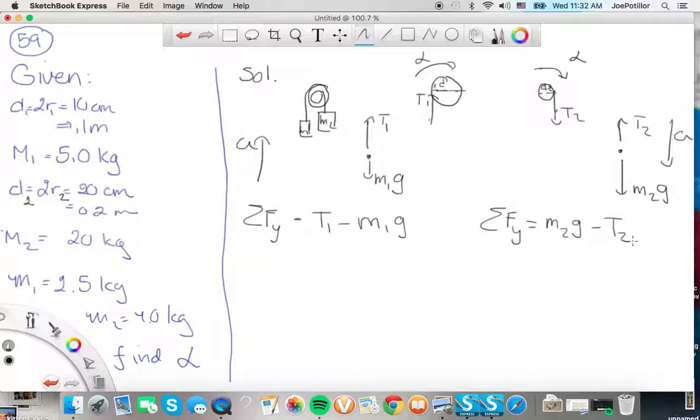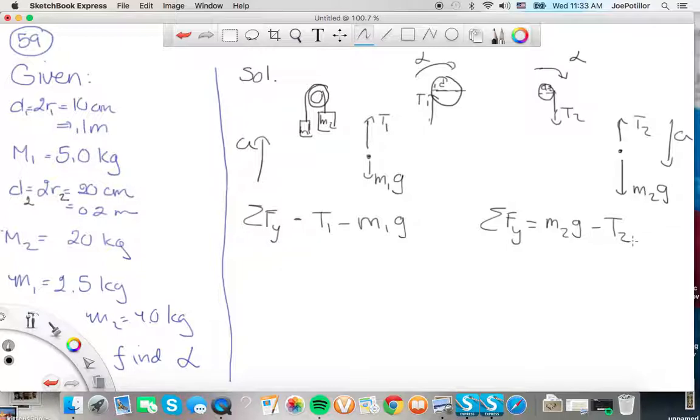Now, from here, what do we do? We will use Newton's law to help us set up the equation. Because they're moving as a system, moving together, the angular acceleration for both cylinders should be exactly the same. Even though there are different tensions in the rope, the angular acceleration for the system should be exactly the same.